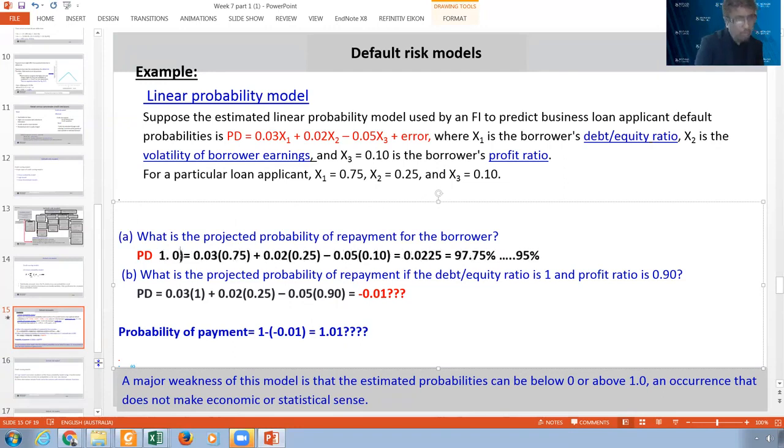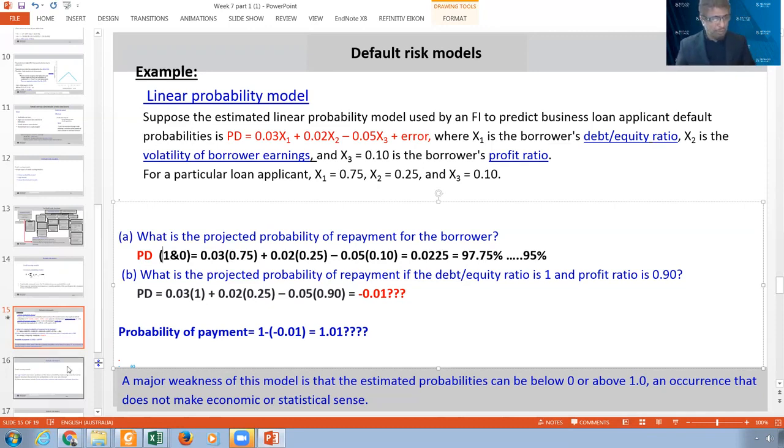So the values, when you calculate it, 1 and 0. So when you calculate the PD, the model itself will limit it between 0 to 100%.